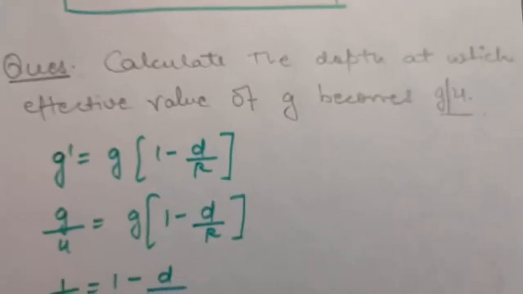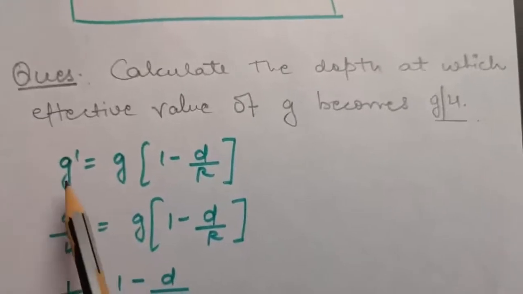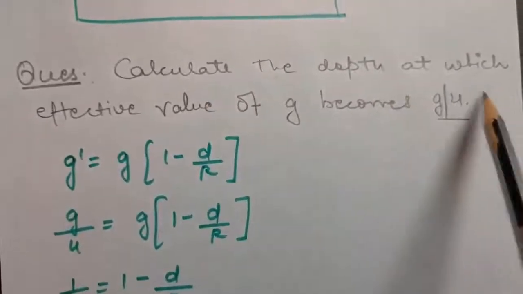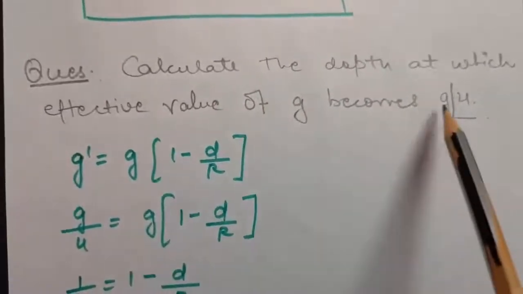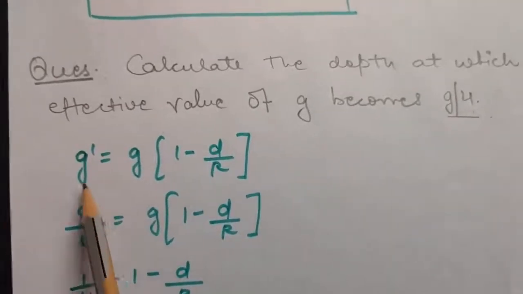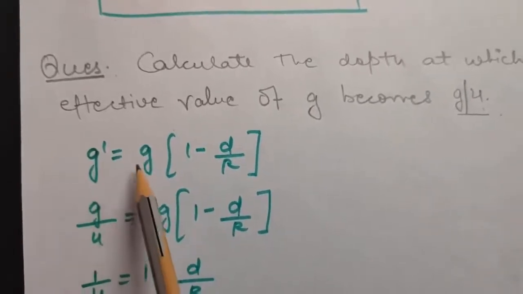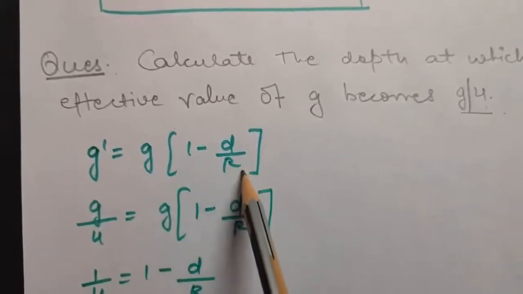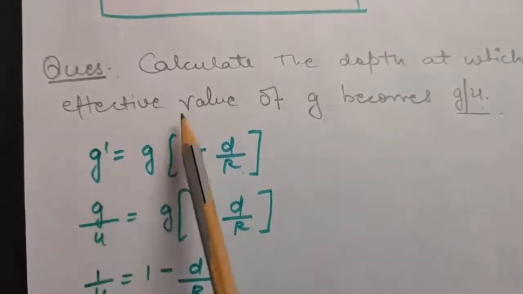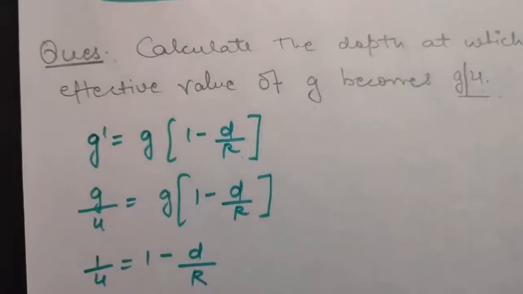Based on the variation of g with depth, let us do a question first. The question says: calculate the depth at which the effective value of g becomes g by 4. This is just an easy, formula-based question. As you know, the variation of g due to depth is g dash equals g into 1 minus d by R. The effective value of gravity is given to be g by 4, and you have to calculate the value of d.